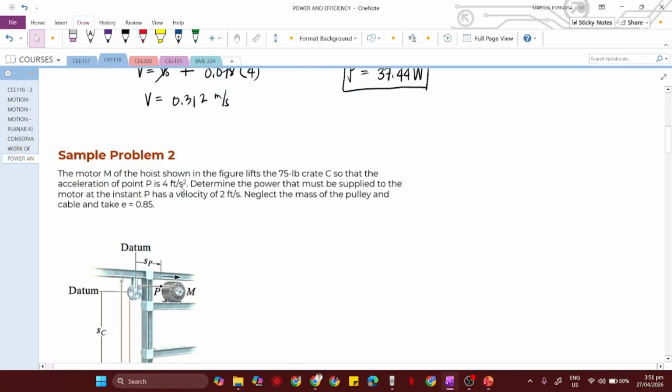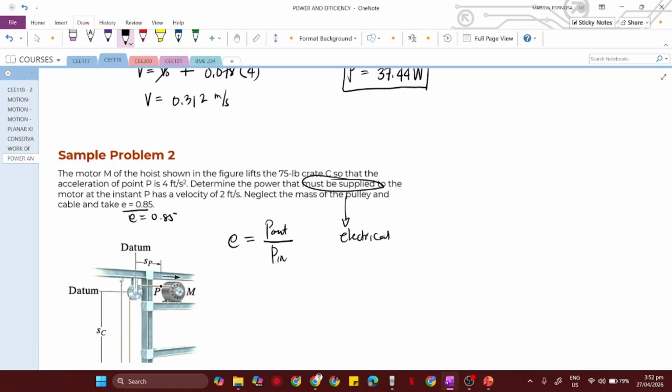Is 4 feet per second squared. Determine the power that must be supplied to the motor at the instant P has a velocity of 2 feet per second. Neglect the mass of the pulley and the cable and take E, okay, efficiency ng motor yan. E is 0.85. Take note na efficiency is equivalent to power output over power input. Yung tanong dito is determine the power that must be supplied. That refers to the electrical power.